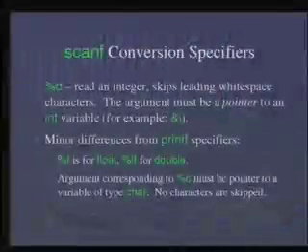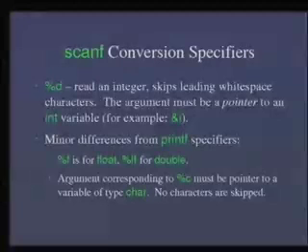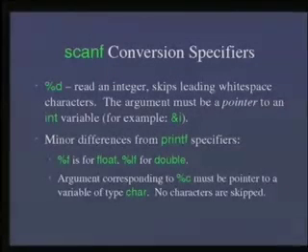White space characters are like the blank character or the new line character or the tab character, and it starts converting once it finds a character which could be part of an integer. So a plus or a minus sign or a numeral, and then it keeps reading till it reaches the end of the number and then converts the sequence of characters that it has read so far into a single integer and stores it in the variable which is supplied as the corresponding argument for the conversion specifier.